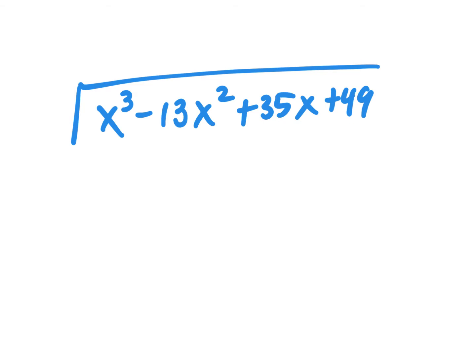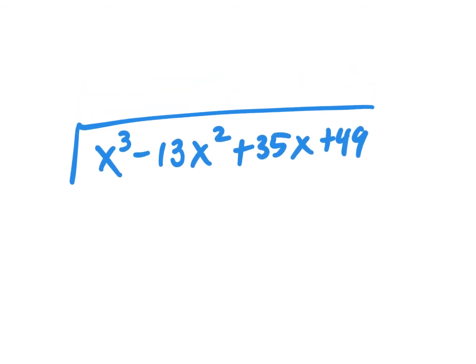What if I told you that I had a root that was 7? I said c equals 7. That's how the homework problems usually gave them. But then last but not least, I said, oh, by the way, it's a double root. There's a double root at 7.